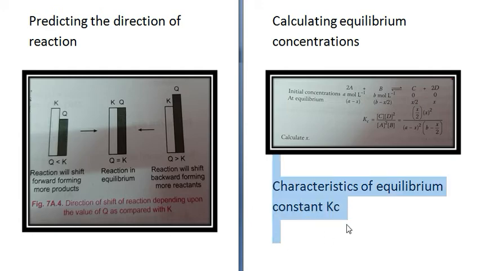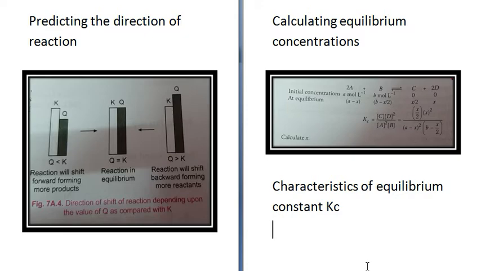Now next we come to the characteristics of the equilibrium constant. The equilibrium constant is given by Kc. The value of the equilibrium constant for a particular reaction is constant, and it depends only on temperature, but it is independent of the concentration of reactants.